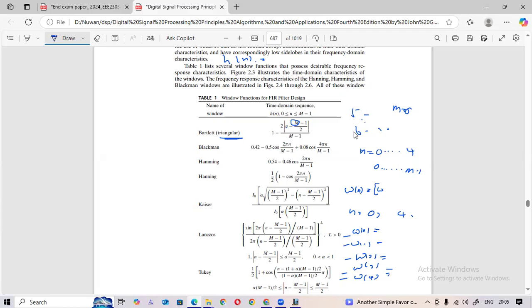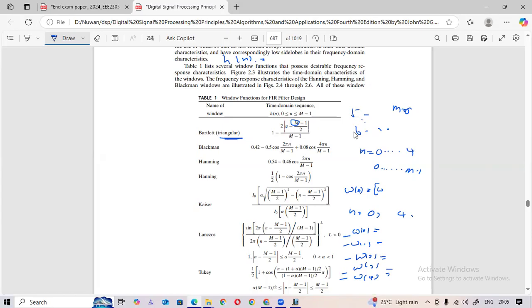You can calculate it because these windows are given. For example, w(0), that means n is 0. M is 5, 5 minus 1 is 4. 4 divided by 2 is 2. 0 minus 2 is... then 2 divided by 5 minus 1, that is 4 into 4, it will be 1.